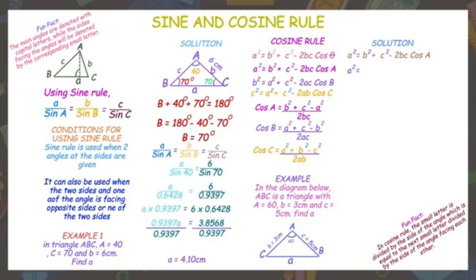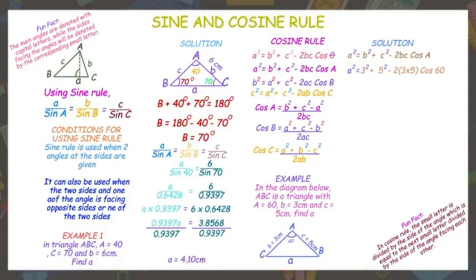We have 3. That is 3 square plus, what do we have in C? We have 5. 5 square minus 2 into bracket 3 multiplied by 5 cos the angle given, which is 60 degrees, cos 60.